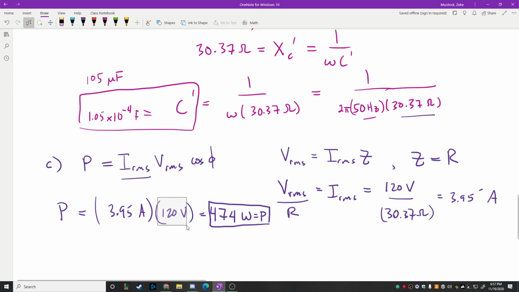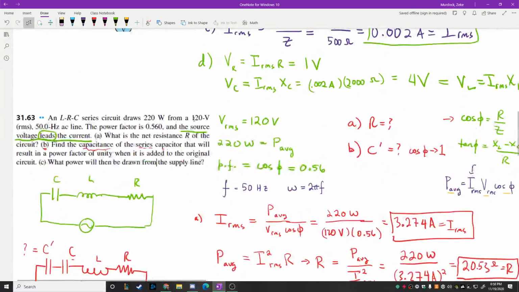Because in both cases, there's the same input voltage, but you're getting more power out. Did you guys get the same answer, by the way? 120 was just the value given in the problem. 120 volts.